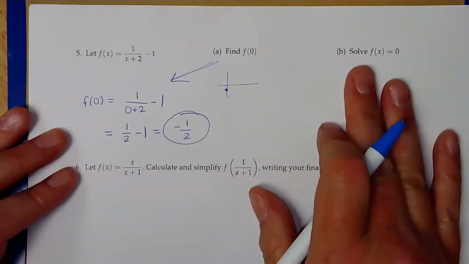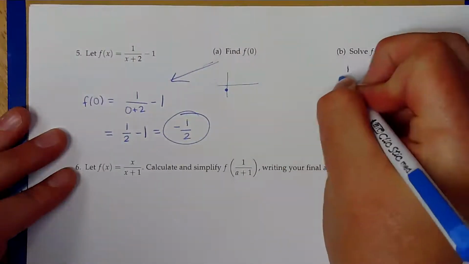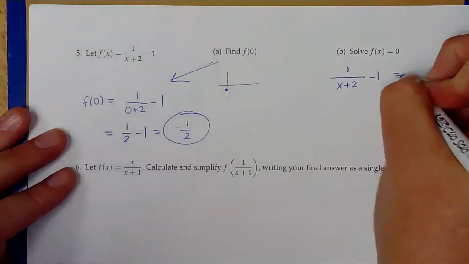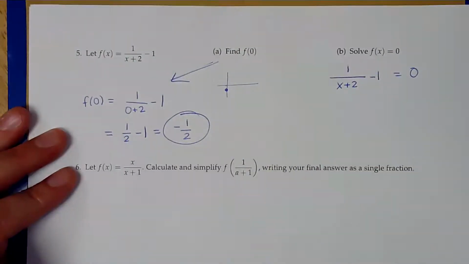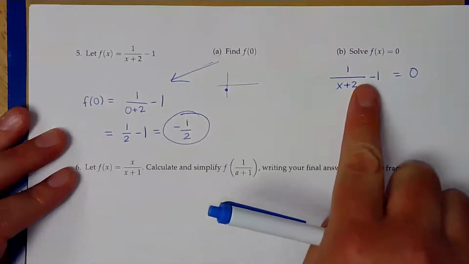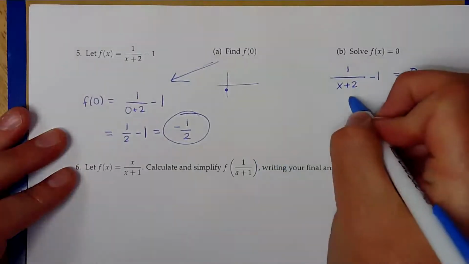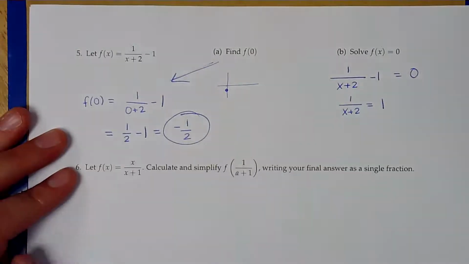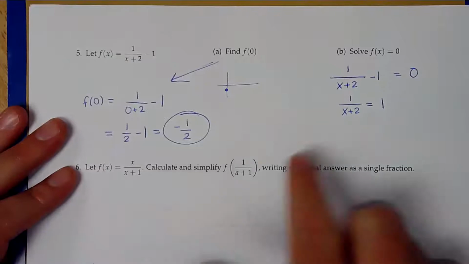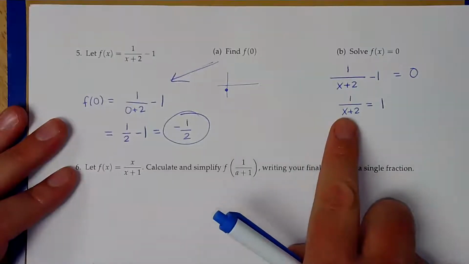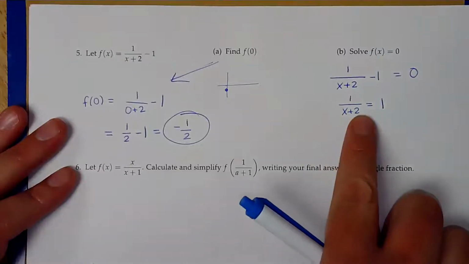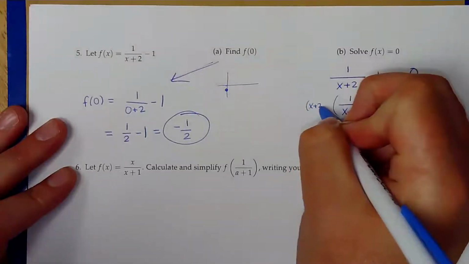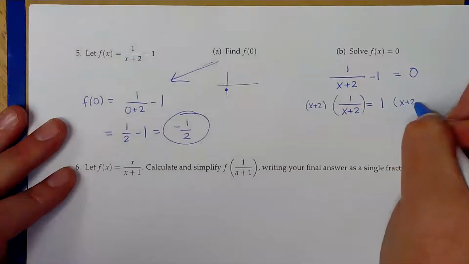And then solve f of x equal to 0. So I have 1 over x plus 2 minus 1 is equal to 0. My first step, I'm going to add this 1 over to the other side. So I have 1 over x plus 2 is equal to 1. So it's looking a little better. And I need to get this x out of the denominator so I can actually solve for it. So what I'm going to do is multiply both sides by the quantity x plus 2 in parentheses there.